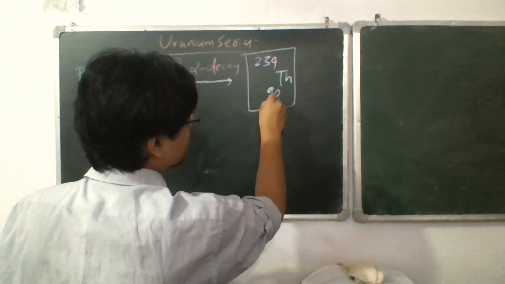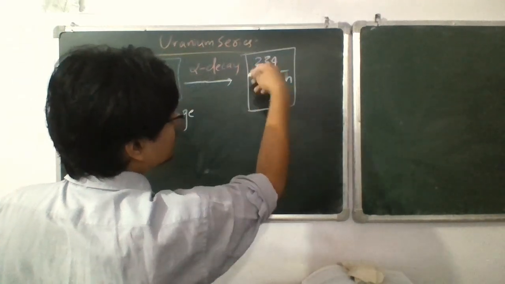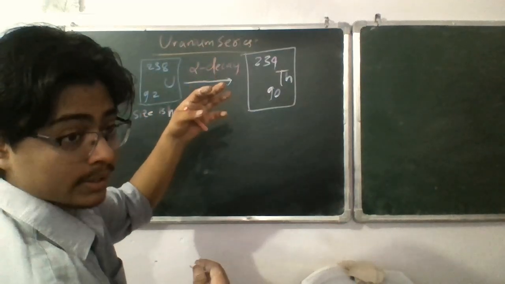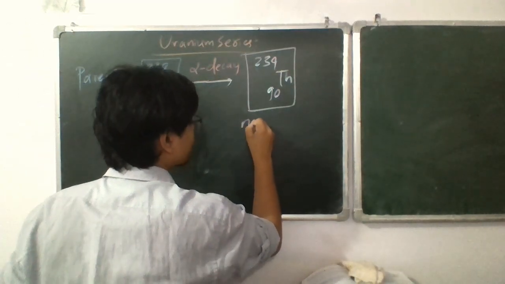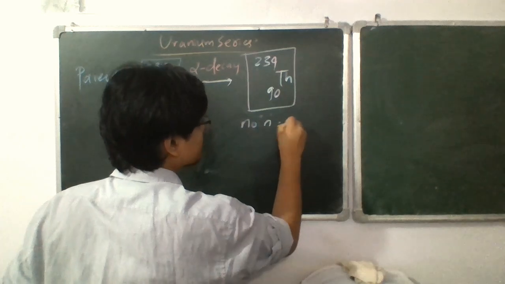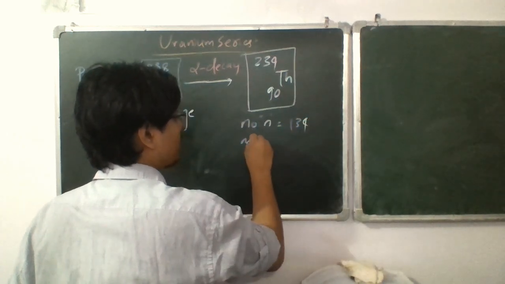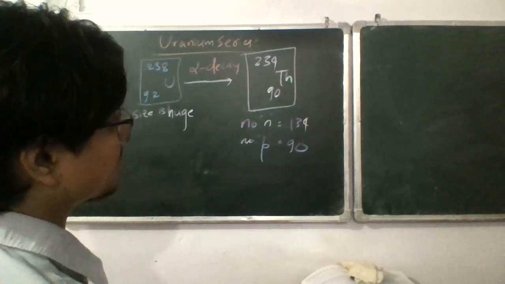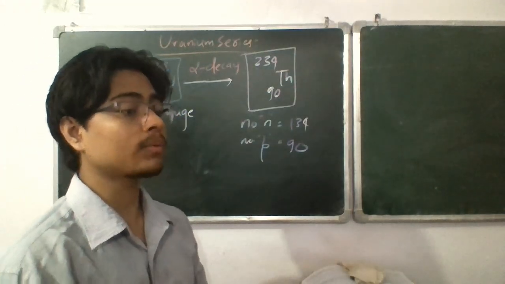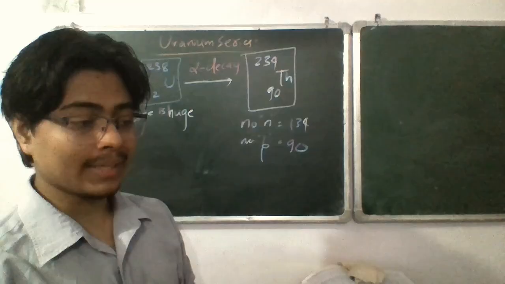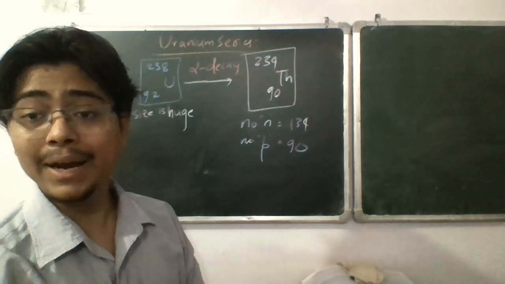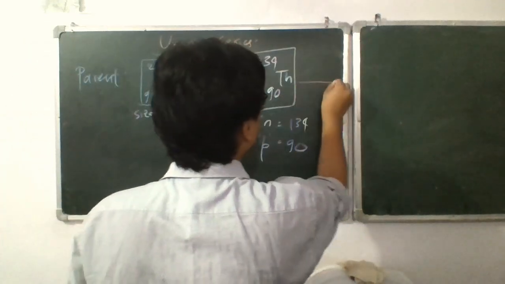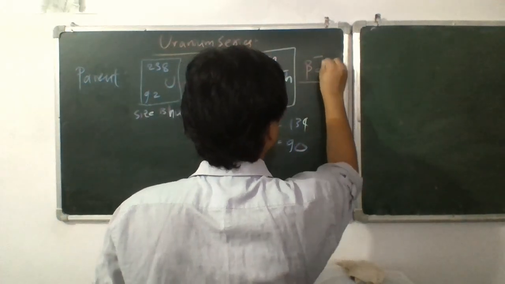The number of neutrons is 144, and the number of protons is just 90. As a result, it would like to convert some of its neutrons to protons, and in that process beta minus decay would happen.